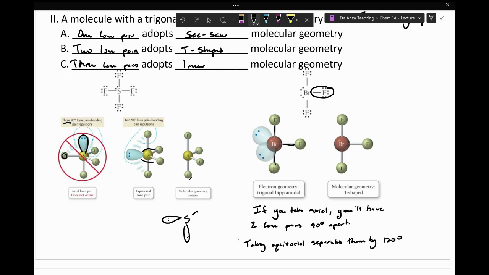You'd have these two 90 degrees apart, so you'd have these large lone pairs in very close proximity. That's very unfavorable due to energetics, so it's not a stable state.